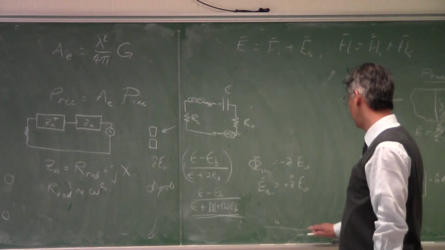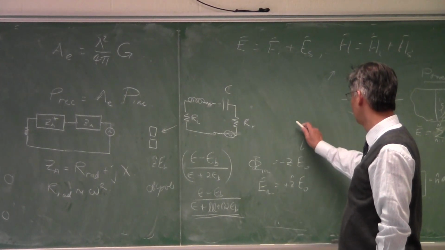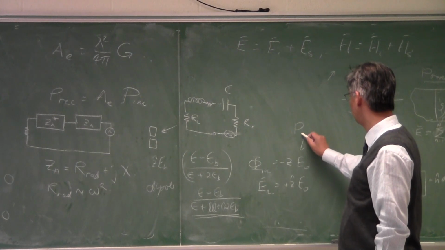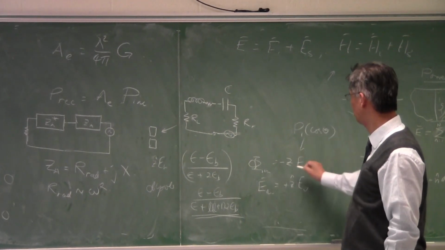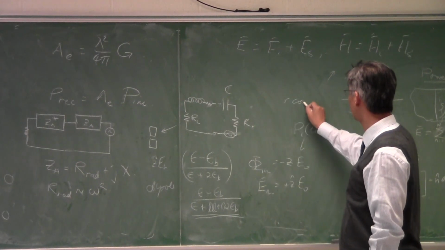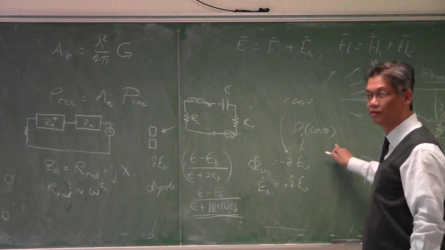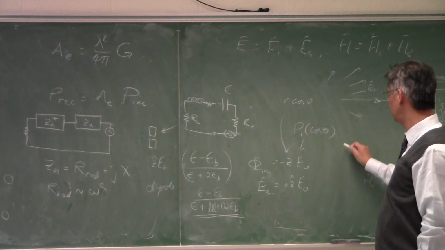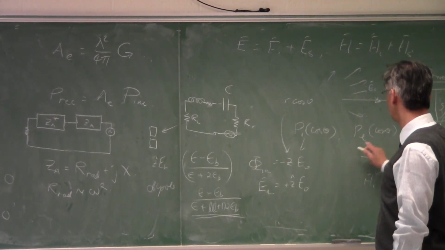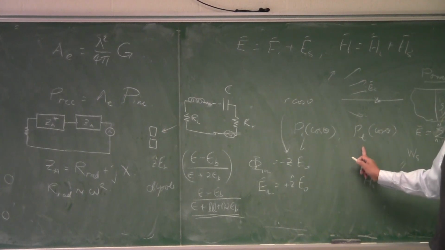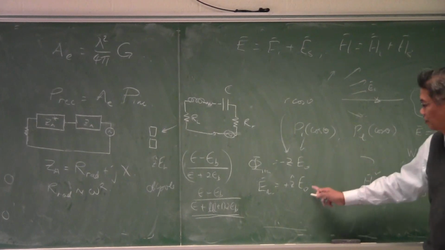If you translate this in terms of spherical harmonics, it's P1 cosine theta, which translates to r cosine theta. But I can change my incident field to be P_l cosine theta, a different multipole order coming in.